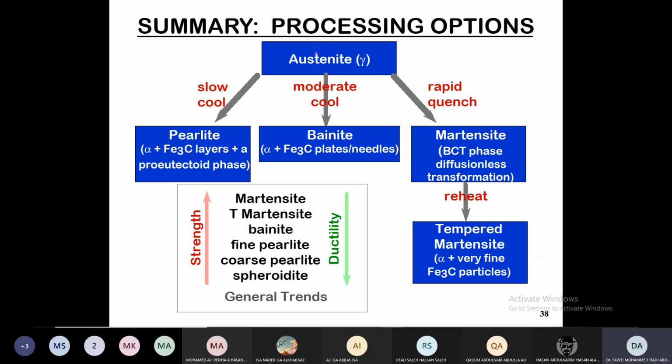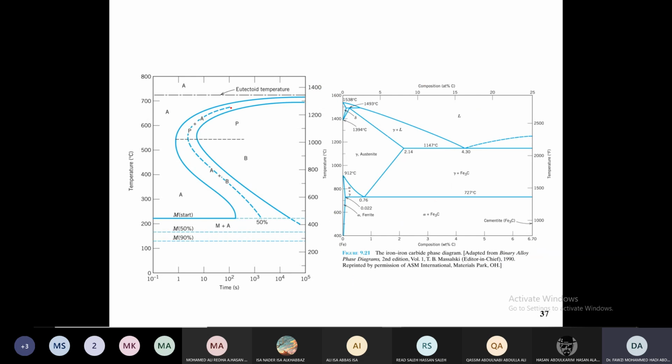In summary, these are the processes that we use in order to do the heat treatments and produce different microstructures. The austenite phase, if it is slowly cooled, this means that we could use the phase diagram.